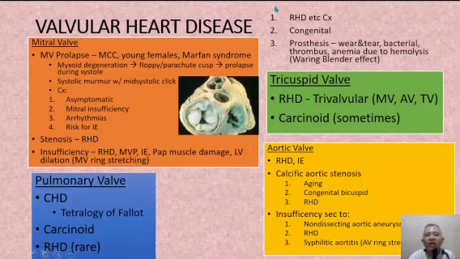There are other abnormalities as well, even in the valve due to prosthesis, whether it's wear and tear, bacterial infection, thrombus formation, or anemia due to hemolysis. Because of the prosthetic valve, red blood cells are being chopped down, and it's called the waring blender effect.